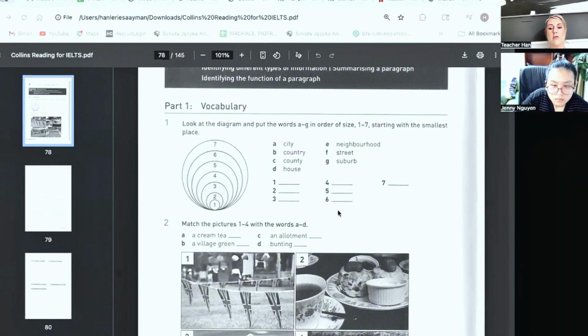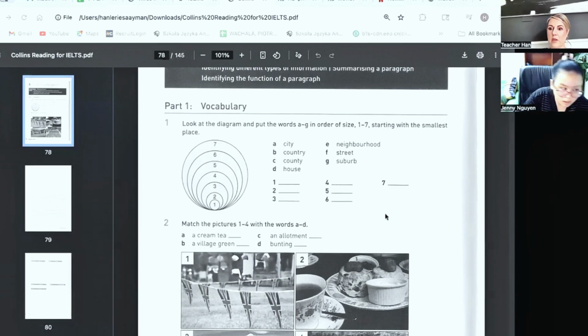Then the next one, number 4, the suburb. Yes. Number 5, the city. Yes. Number 6, the county. And then the last one, number 7, the country. Well done. Any questions that you would like me to explain any of these meanings?